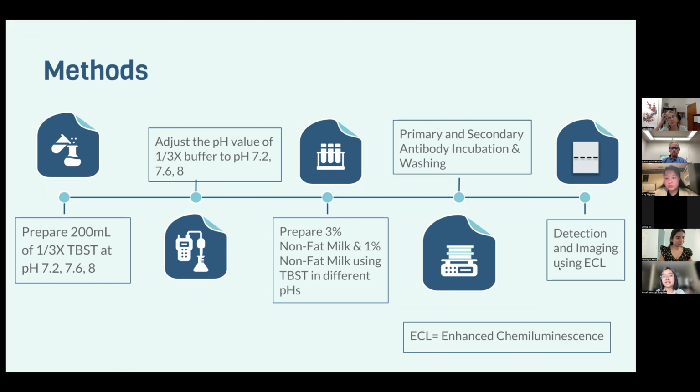I then prepared 3% non-fat milk and 1% non-fat milk using TBST at the different pHs. I then did the primary and secondary antibody incubation as well as washing, and then the detection and imaging using ECL, or enhanced chemiluminescence.